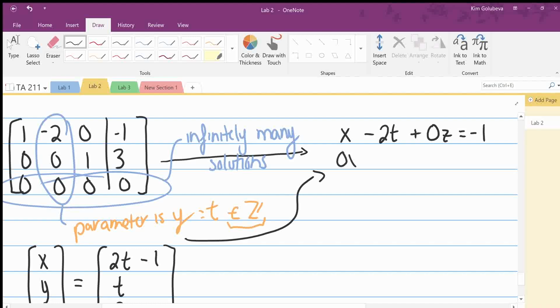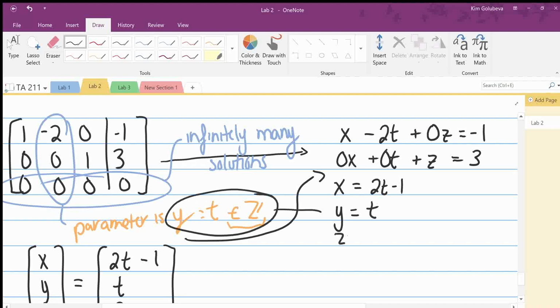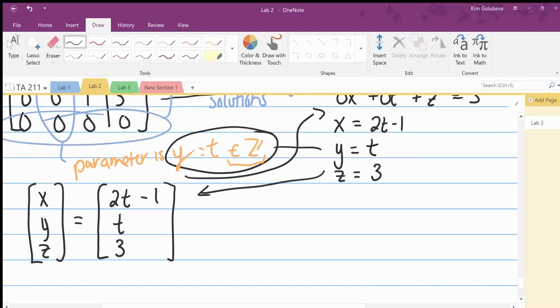So this one is 0x plus 0t plus z equals 3. And our last one is just a row of zeros, so we don't even have to write this one. So when we solve for x and we solve for z, we end up getting x equals 2t minus 1, and we know y equals t because we said that right here, and z should just equal 3. Okay, so that's where I'm getting this form here.